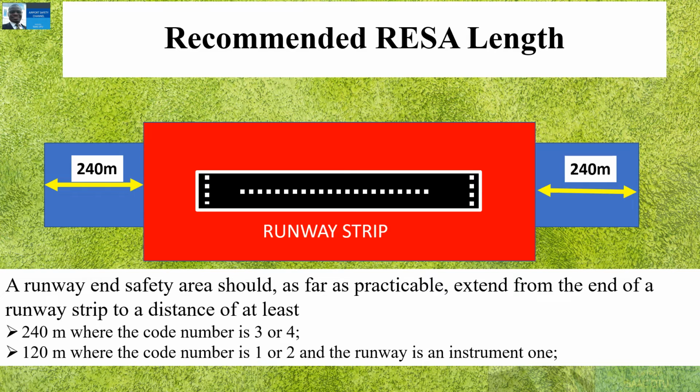In all this, you may reduce the length of the runway end safety area if you have installed an arresting system and your Civil Aviation Authority has approved your reduced length. Beyond this, the minimum length for a runway end safety area is 90 meters or based on the approved length of the Civil Aviation Authority.